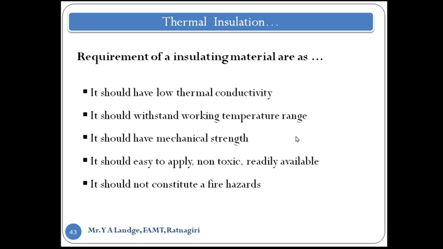Then we check the mechanical strength of the insulating material. Then we look at whether it is non-toxic, readily available and easy to apply, and that it does not catch fire. So these are the properties that we need to check before we apply it on the unit operation or the process.